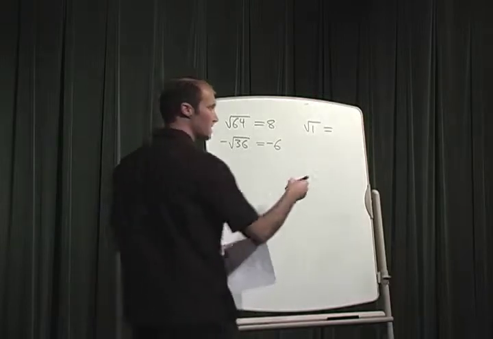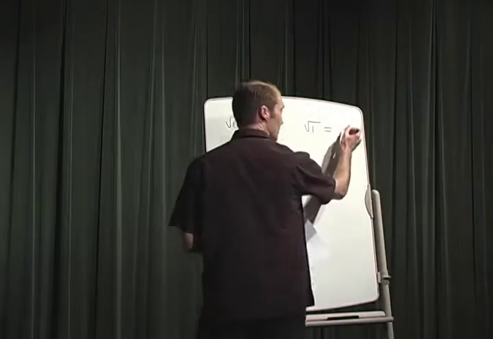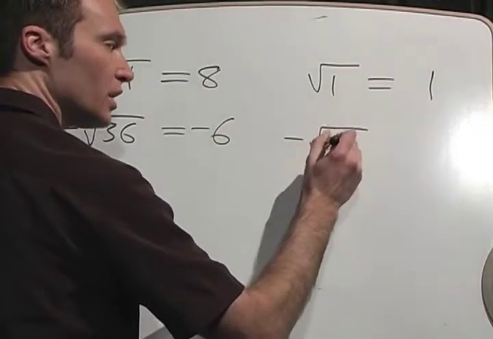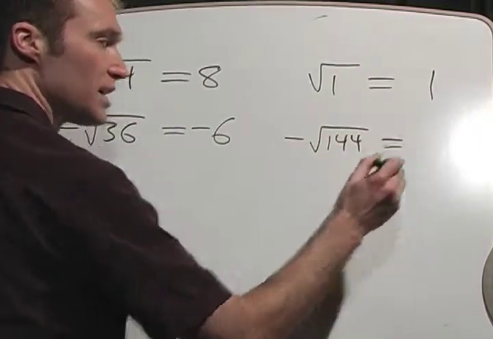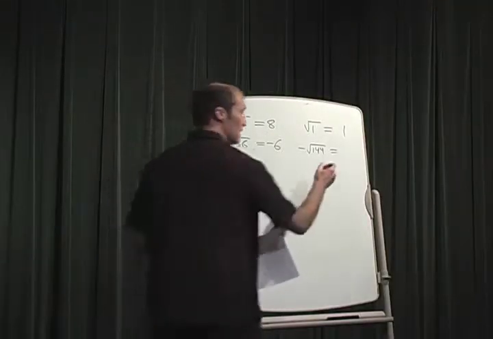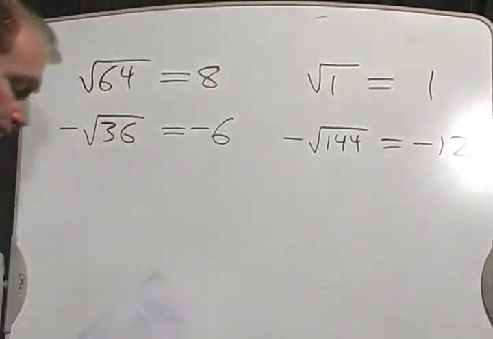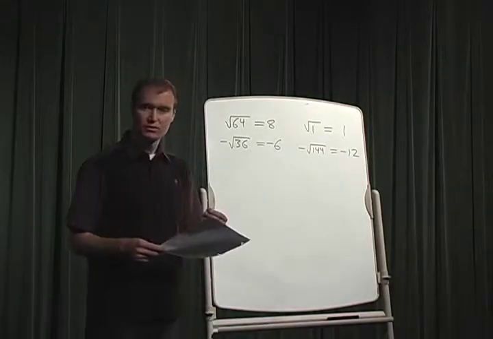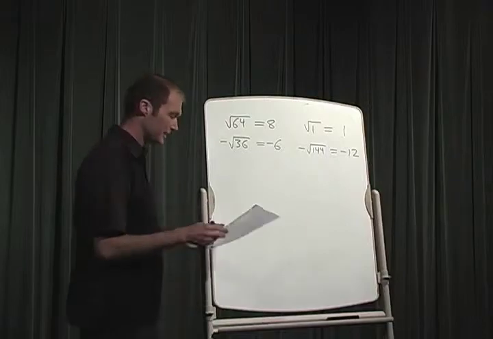Well, this is going to be asking for the principal square root of 1, that's 1. Here, if I want negative root 144, this is asking for the negative square root of 144, that is negative 12. Now, I want to show you guys a trick that I think you'll find very useful.